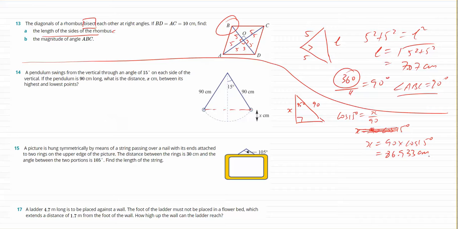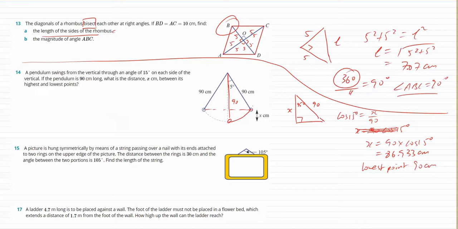Now, at our lowest point, that's a bit different. If the pendulum drops over here, the pendulum would be at this spot. The length of the pendulum doesn't change, so this whole length must be 90. So the lowest point would be at 90 centimeters.